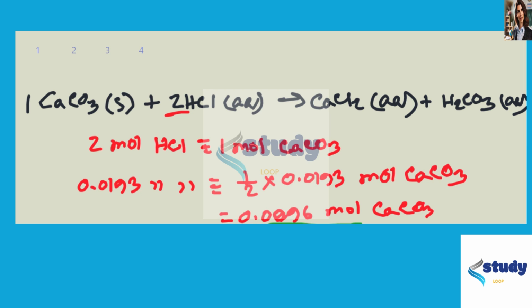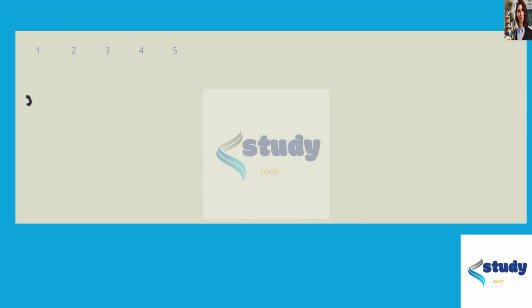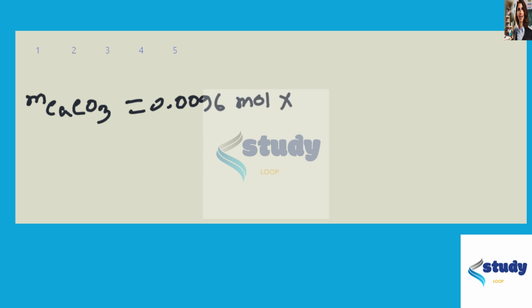Now from here we can find out the mass of calcium carbonate which is present in the limestone. So the mass of calcium carbonate will be equal to the number of moles which we just have calculated, 0.0096 mole, times the molar mass of calcium carbonate, which if we count we will find a value of 100.1 gram per mole.